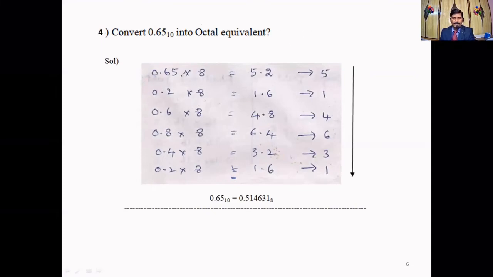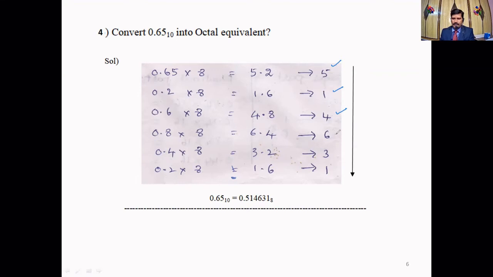Here 0.65 times 8 is 5.2, and this 5 we take here. Then 0.2 remainder, 0.2 times 8 is 1.6. This 1 we put here. Then 0.6 times 8 is 4.8; this 4 we take here, and 0.8 times 8, because the radix is 8.